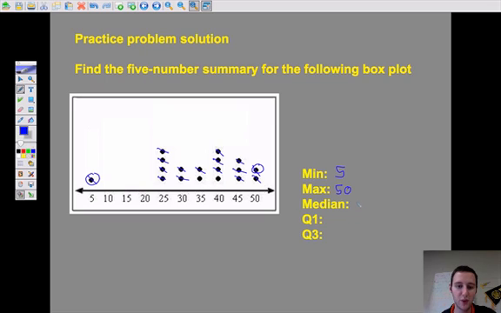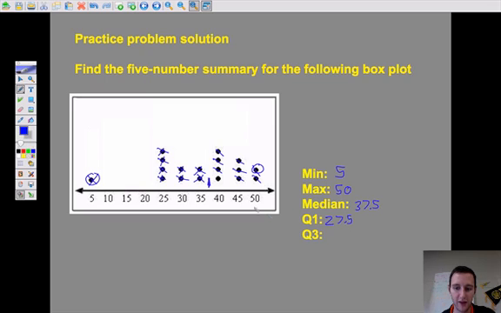And it is between 35 and 40. So we'll say halfway between there is 37.5. So we'll say the median is 37.5. Okay. Our Q1 then, we'll find half the distance between the median and the minimum. And it looks like it's halfway between 25 and 30.